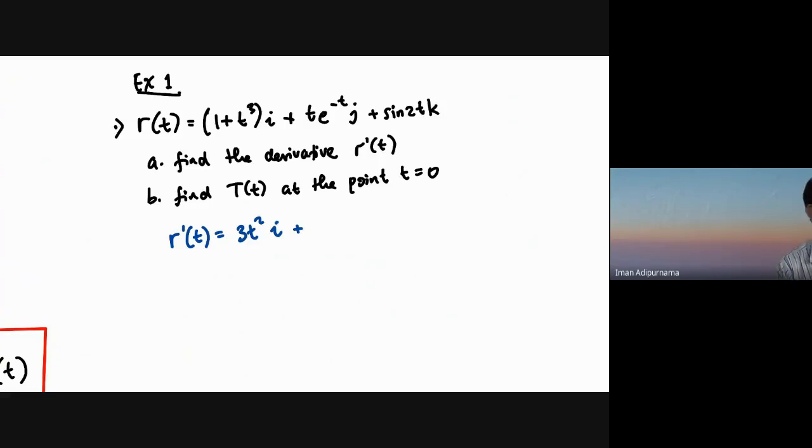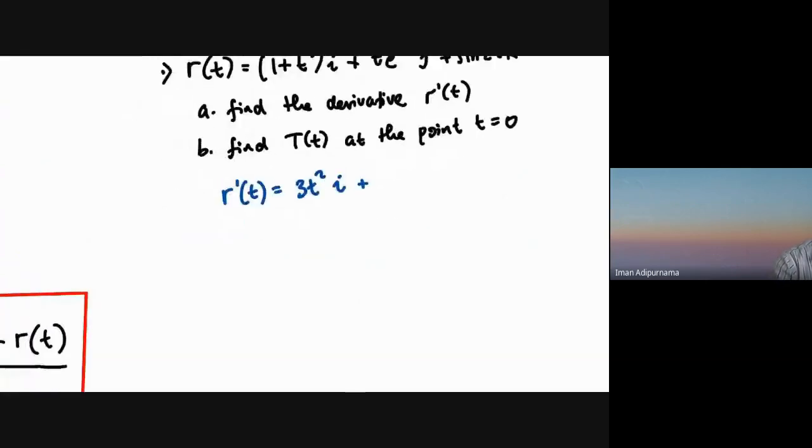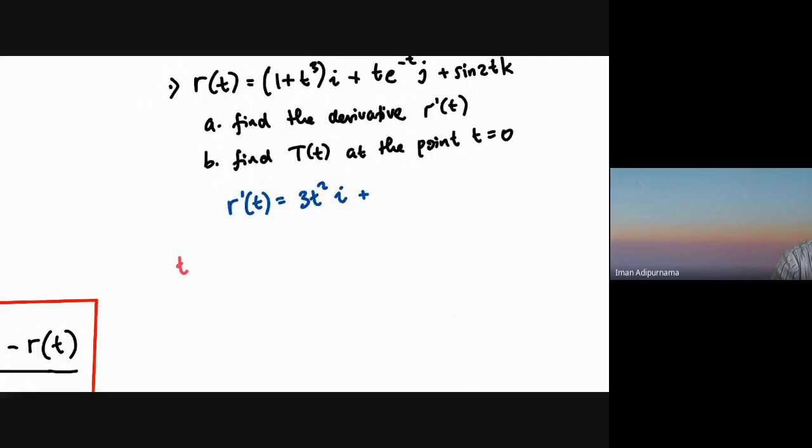And if you want to be careful, maybe you can divide into three. If the vector seems too long when written in one line, you can divide into three parametric equations, and later combine into one vector. I hope you are not forgetting how to differentiate this. So this is using the product rule.